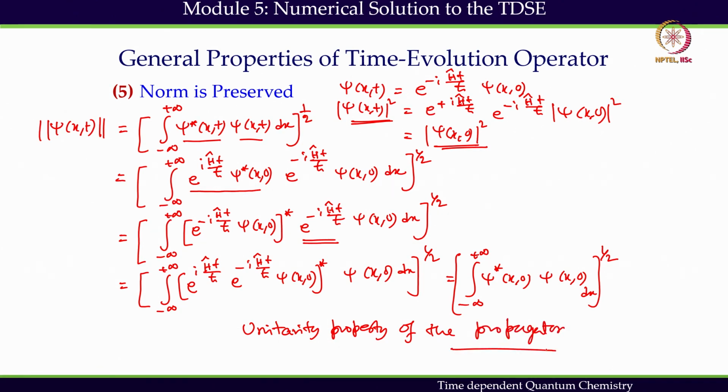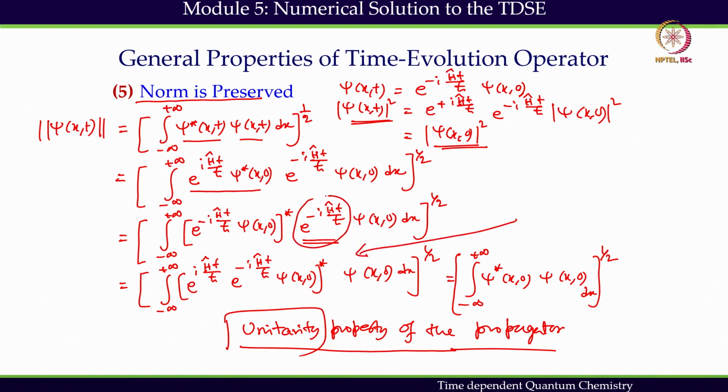So what is going on? Its norm is preserved because it is a unitary operator. And in which step have we used this unitary property? In this step. You see, this term has been taken here. How did we get that? Because we have proved that the inverse of the time evolution operator is actually its adjoint.